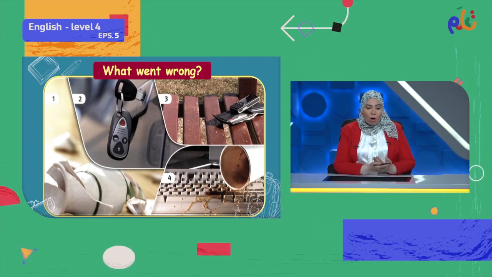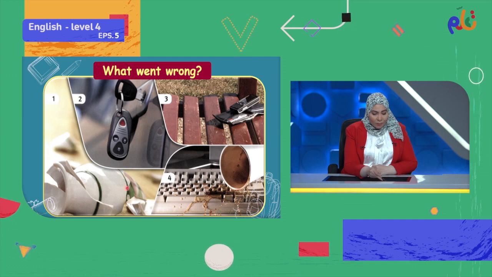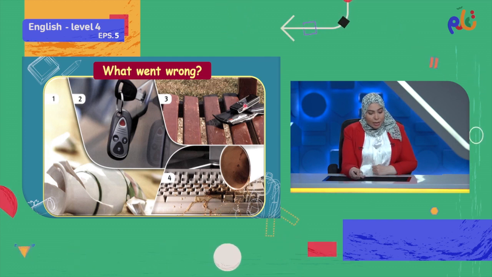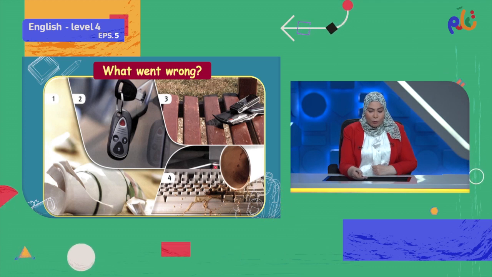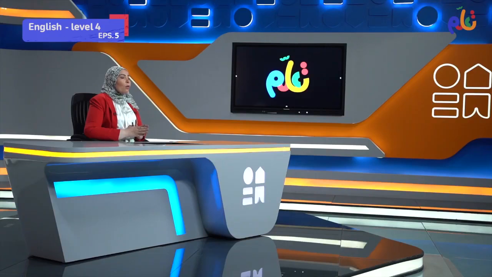Okay, so right now, let's look at some pictures and let's think together what might be wrong in here. What went wrong in these situations? We have number one, we have this picture. We have the second picture in here, number 3, and number 4. So, what do you think went wrong in these situations?